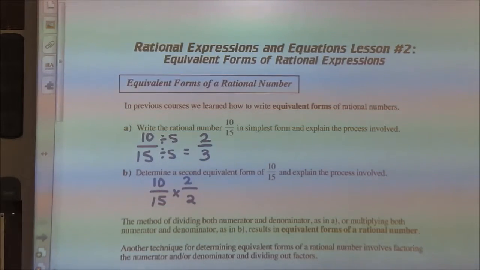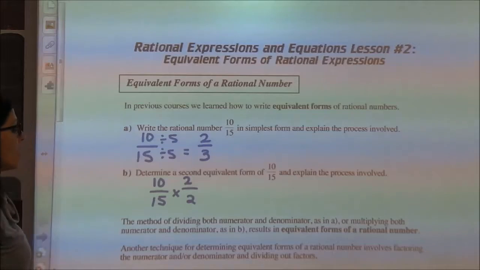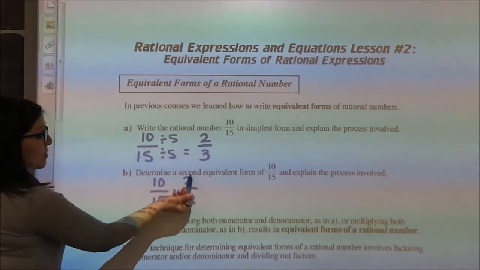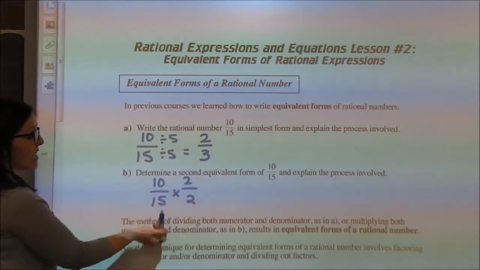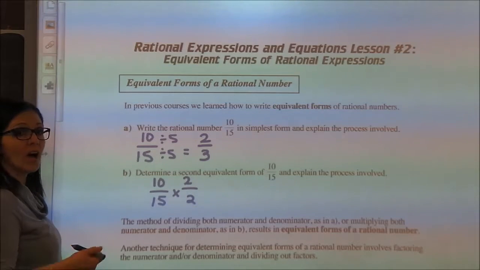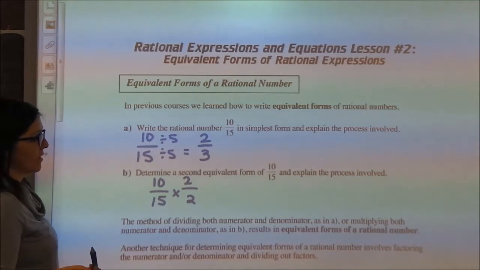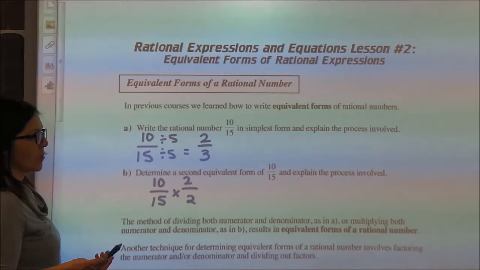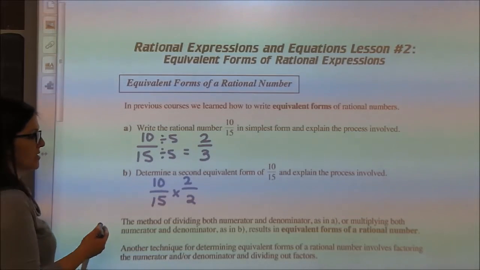If I look at that 2/2 that I've written, we know that a number divided by itself equals 1. So by multiplying this expression by 1, I actually haven't changed the value of this rational number. I've just changed how it looks.